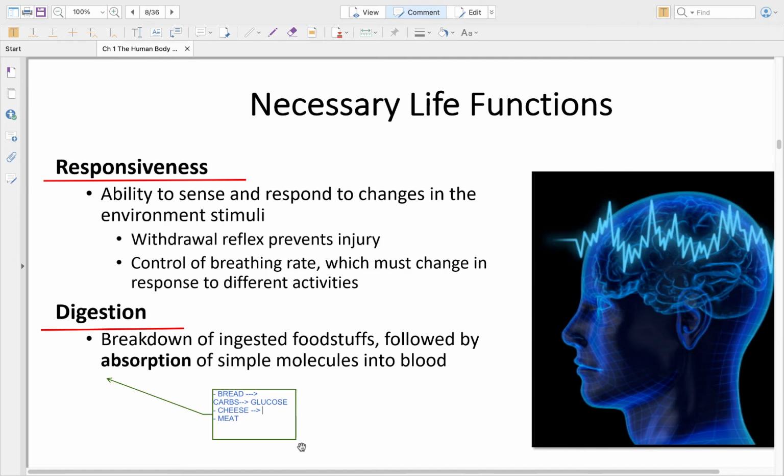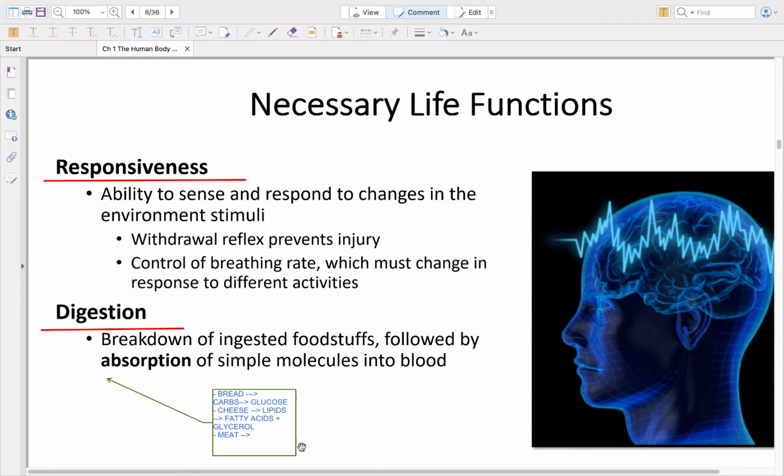That cheese needs to be broken down into something called lipids, and those lipids need to be broken down into something called fatty acids, plus a molecule called glycerol. All right, I'm giving you a little bit of extra information here, but I do want to point this stuff out because you're going to see it again.